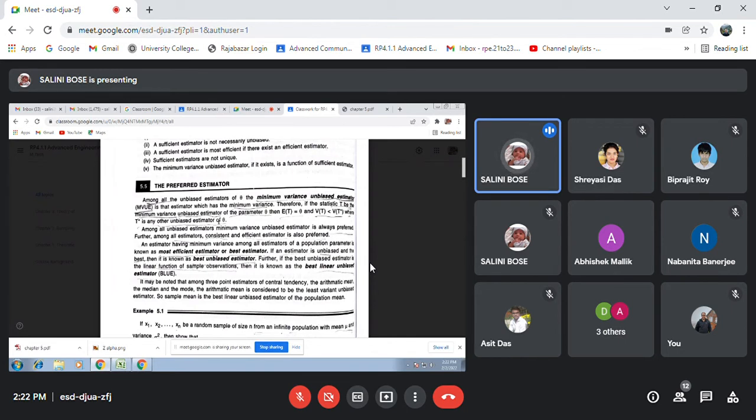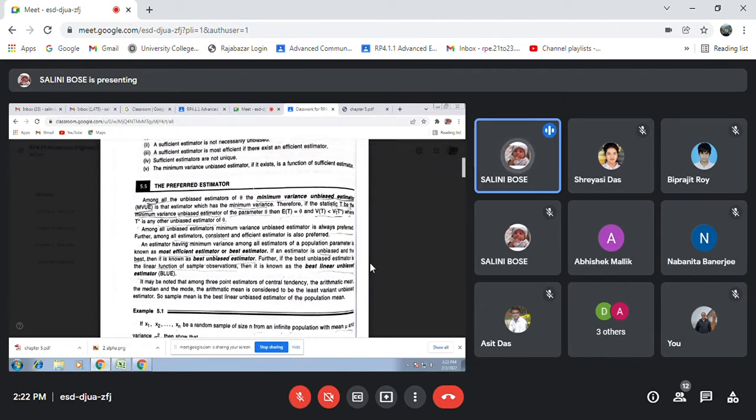Your estimator must have minimum variance and must be unbiased. In short, it is called MVUE. The minimum variance unbiased estimator is the estimator which has the minimum variance, and it is the preferred one.